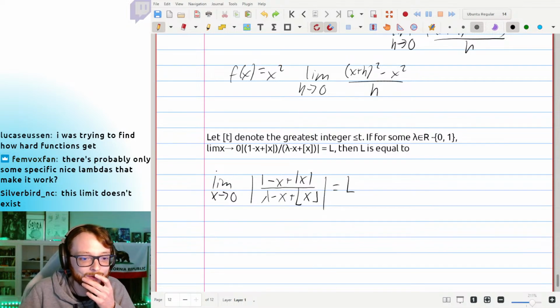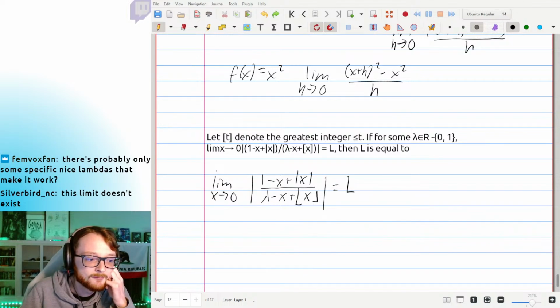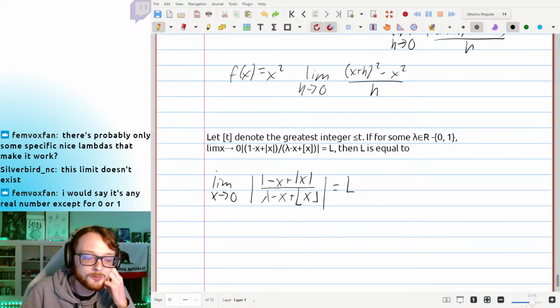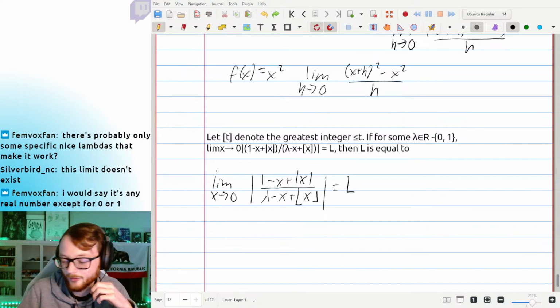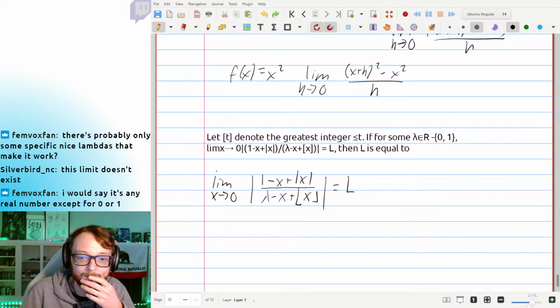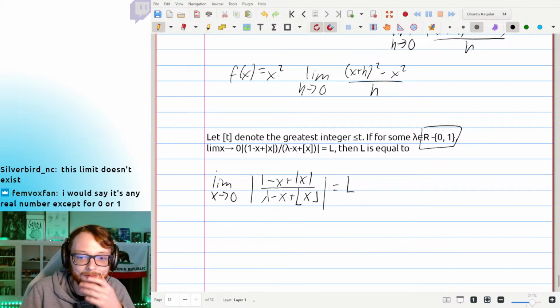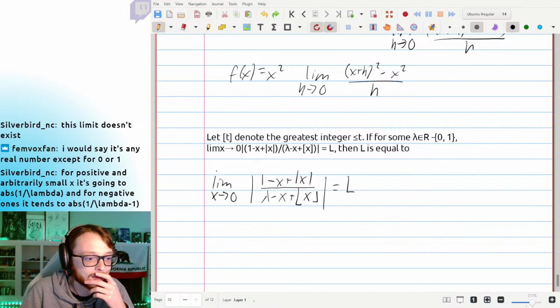It doesn't seem like it exists to me either, unless, as Finblock says, there's some special lambda that somehow saves it. Except for 0 or 1. Oh, no, yeah, you're right. For whatever reason my mind is blanking on this, but yeah, it's any real number except for exactly 0 and exactly 1. It can be between or outside of those two numbers.